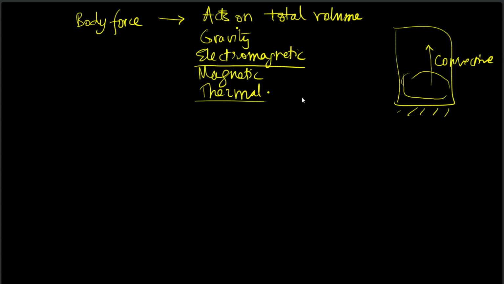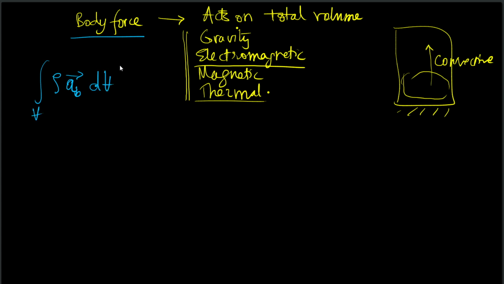Okay, so it can be thermal in nature. So there can be various phenomena which can give rise to the occurrence of a body force, and a body force can therefore be represented as integral rho times some acceleration due to that body force times dv.